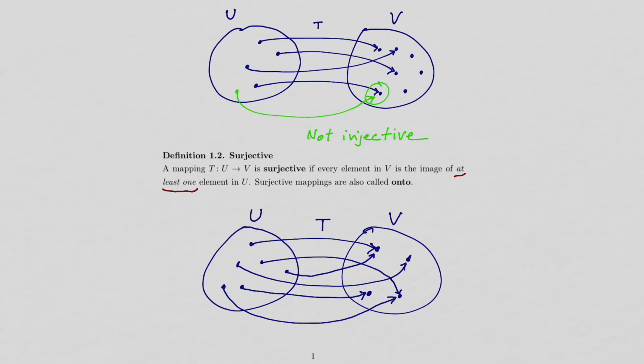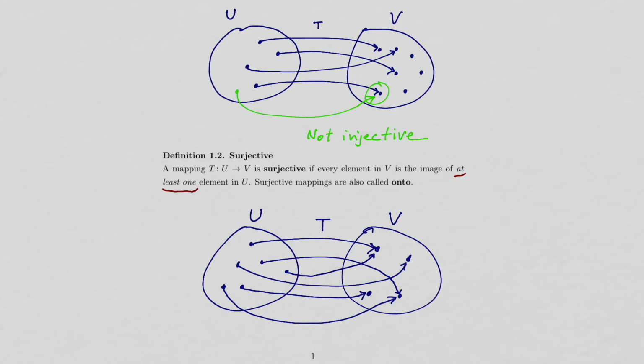And we can picture a surjective mapping like this. Again, we have U and V. We've got elements in U that are mapped to elements in V. This time, every element in V is the image of at least one element in U. There are no elements here in V that are not images of an element in U. We can also see that some of the elements in V, like this one and this one, are images of more than one.